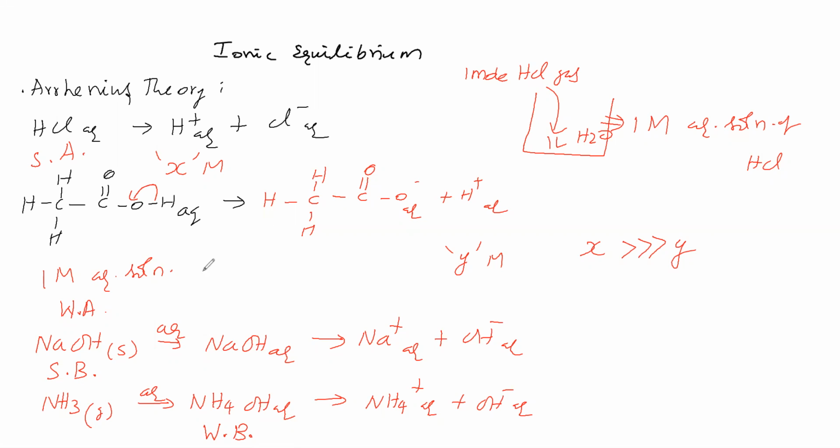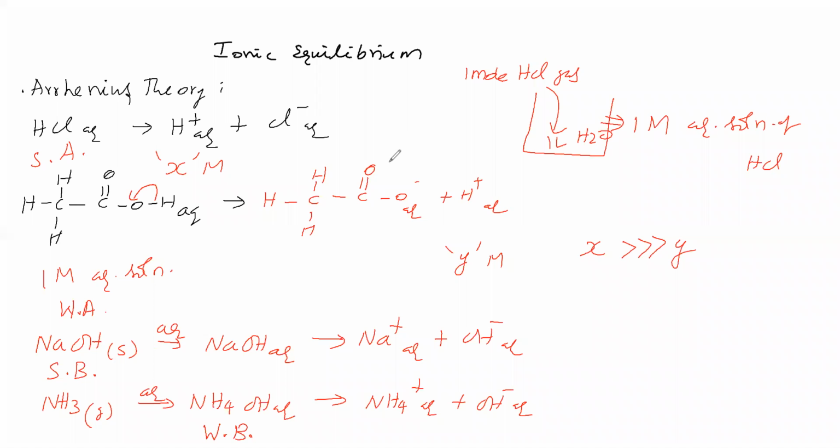Okay, so this is said by Arrhenius theory. Next theory we will take. Why do we have to go for the next theory? Now we are taking some substance. If it is not dissolving in water, then how can we say whether it is acid or base?